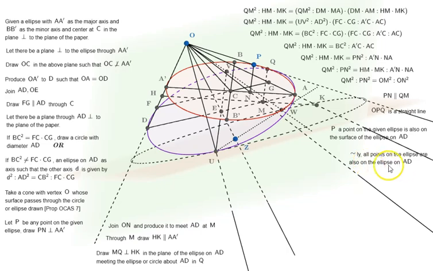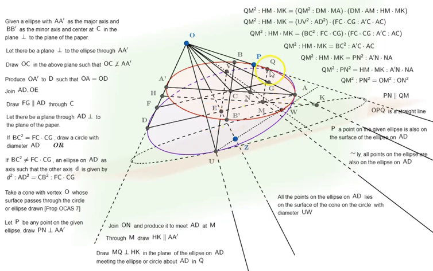Similarly, all points on the ellipse are also on the ellipse on AD. And finally, all the points on the ellipse on AD lie on the surface of the cone on the circle with diameter UW. This part is already proved in our previous proposition.